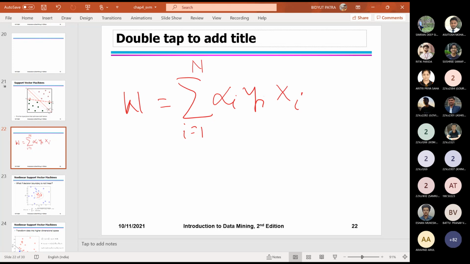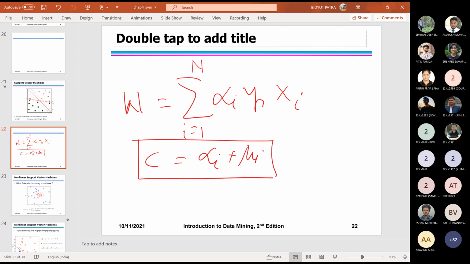Okay, but what will happen is that the constant will be something plus mu_i. That constant will be restricted. Earlier alpha_i is greater than or equal to 0. Okay, so this alpha_i is nothing but the multiplier, that is the Lagrangian multiplier. Earlier it was lambda_i greater than or equal to 0. So now this constant will be restricted by alpha_i plus mu_i. Mu_i is another constant.